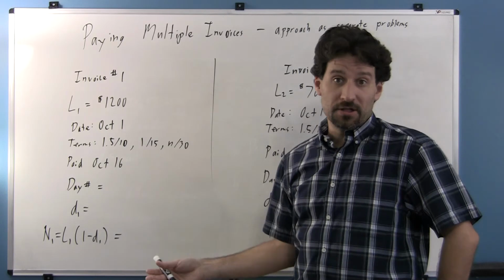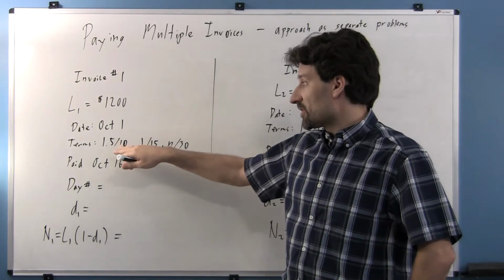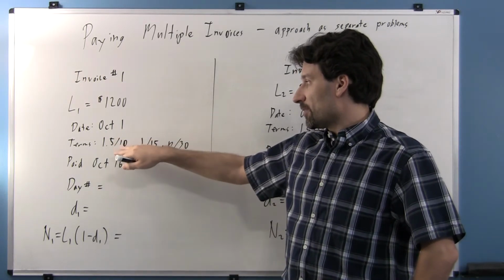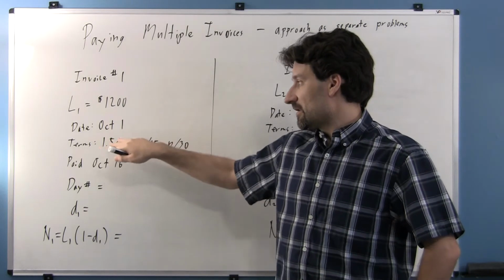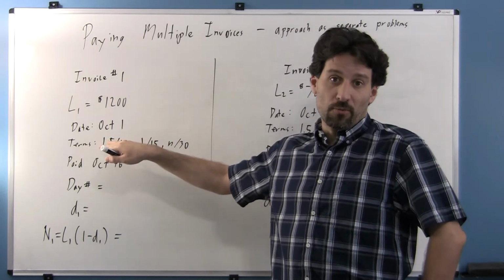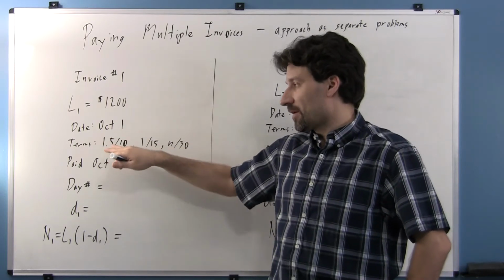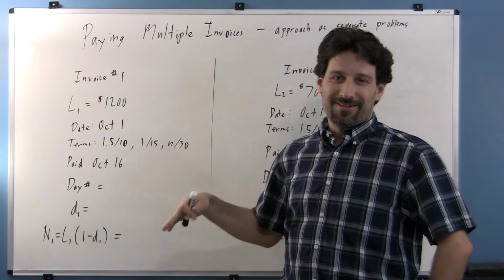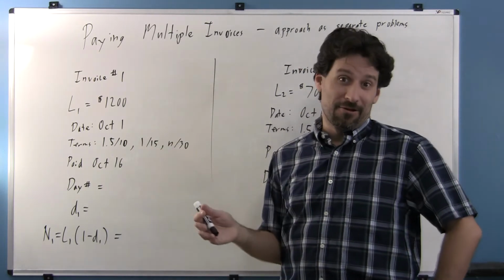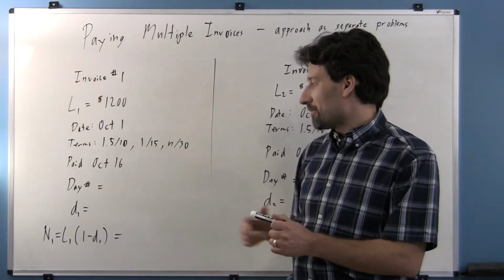But you could also say October 1st plus 10 is October 11th, so you can get the 1.5% discount on this invoice up till October 11th, and up till 1 plus 15, October 16th, for the 1% discount. But I'm going to do it the other way.